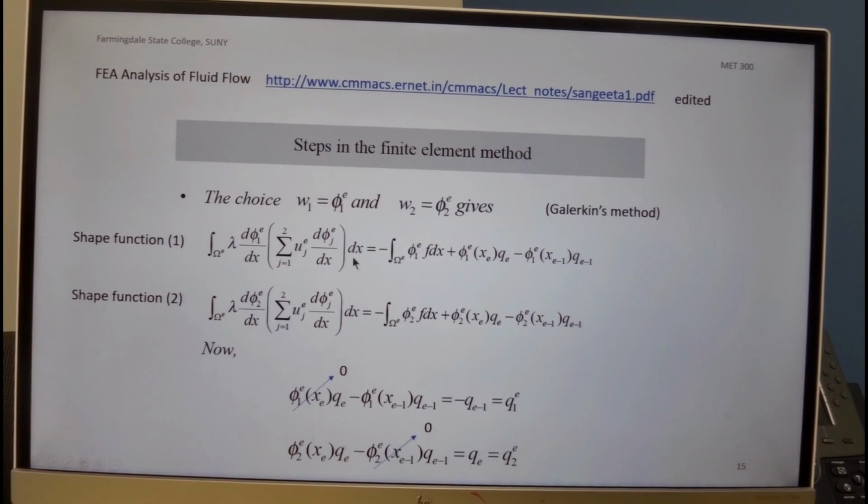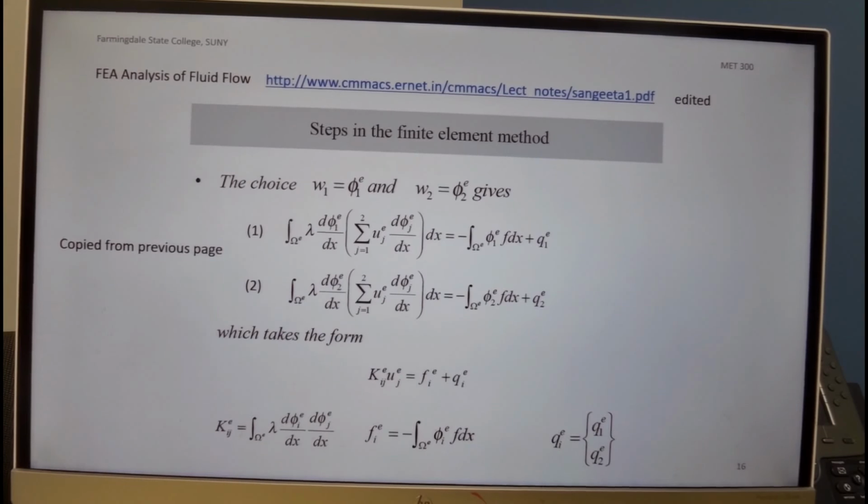What we end up with is an expression over here that can be used for the two nodes of the element, two equations that can be converted into an algebraic form. Here's one equation, and here's the other equation, and it includes the boundary values and also the shape functions as part of it.